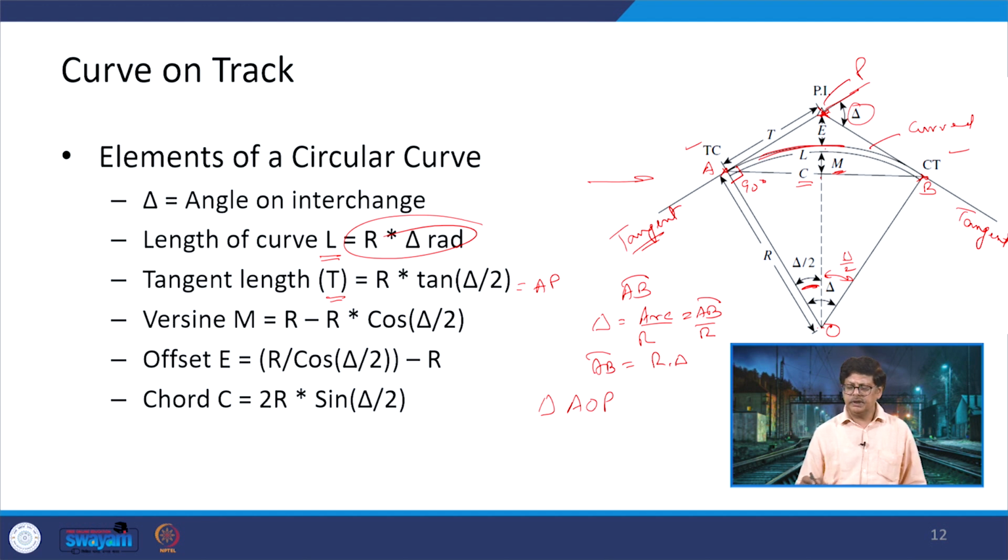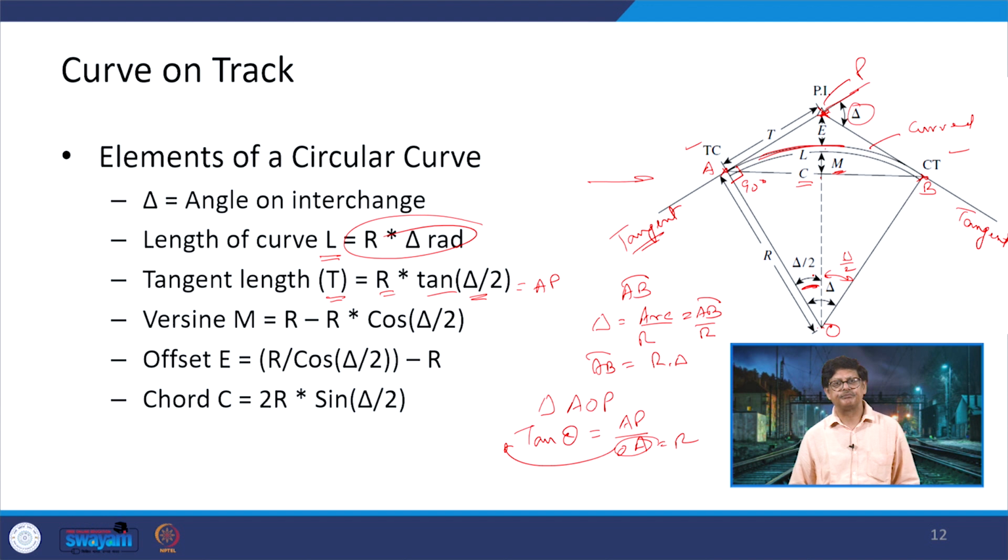So, tan of the angle will be AP divided by OA. AP is nothing but OA will come on this side, and OA here is R. So, it is R into tan of angle, and the angle here is delta by 2.